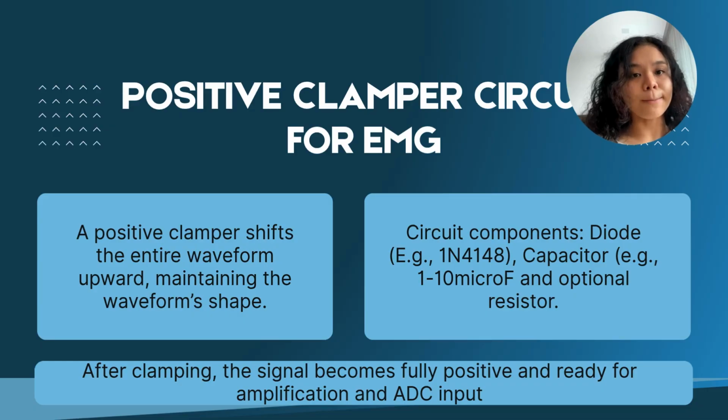A positive clamper shifts the entire waveform upward, maintaining the waveform's shape. The circuit components of the positive clamper circuit include a diode, capacitor, and optional resistor. After clamping, the signal becomes fully positive and ready for amplification and ADC input.